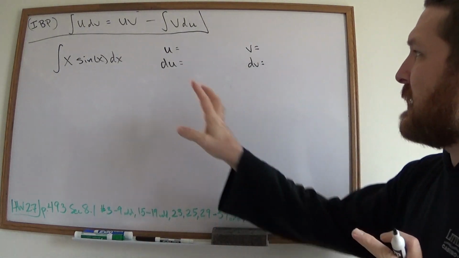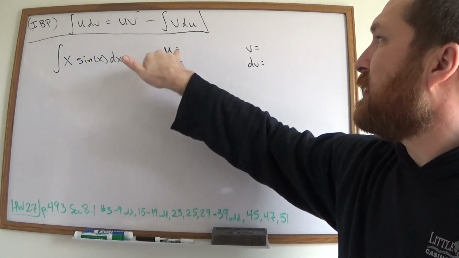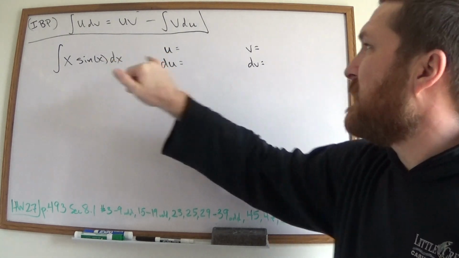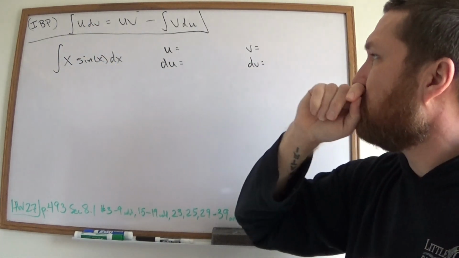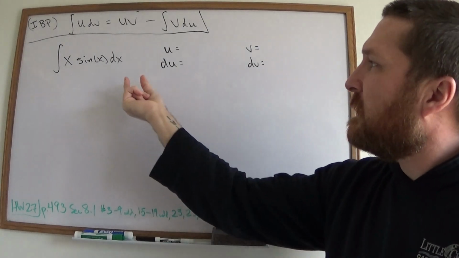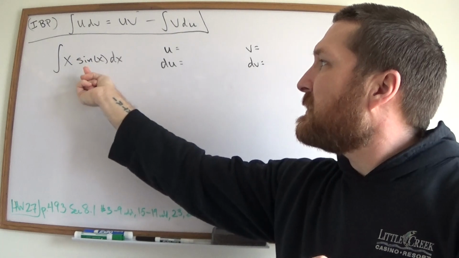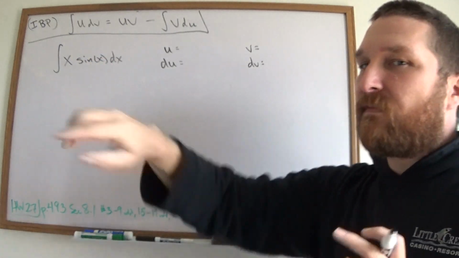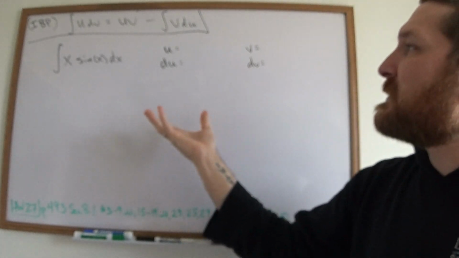The idea is I'm going to choose some part of this to be my u and some other part of it to be my dv. In general, you choose it so that it gets simpler as you take a derivative. This is not always going to work.